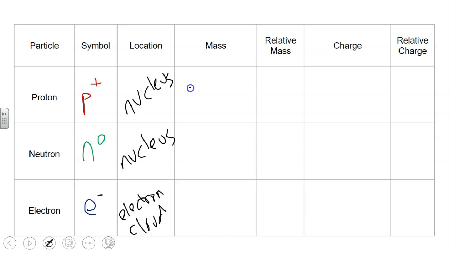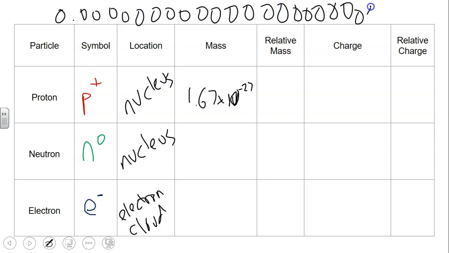For a proton, eventually somebody actually found the mass of a single proton. And the mass of a single proton is going to be 1.67 times 10 to the minus 27 kilograms. So it's very, very small. Okay, I'll write up at the top here, that's 0.0000... It's that many kilograms. So it's super, super tiny.